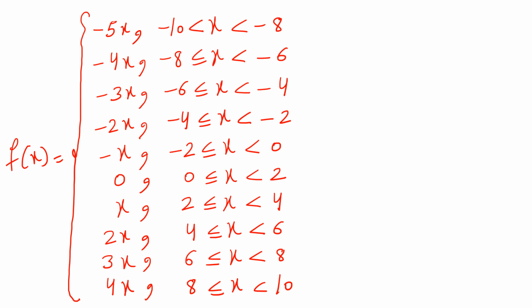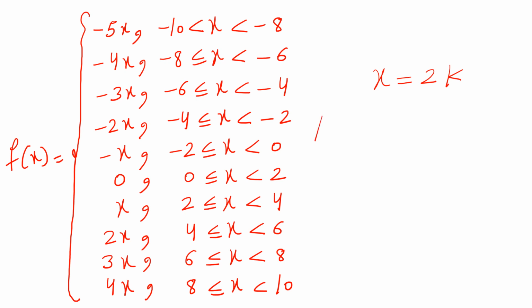Now since there are 9 such points, it will be difficult to check the continuity of the function f of x at all of these points. So to make it easier, I will check the continuity of the function at x equal to 2k, because we have to check the continuity at even integers.